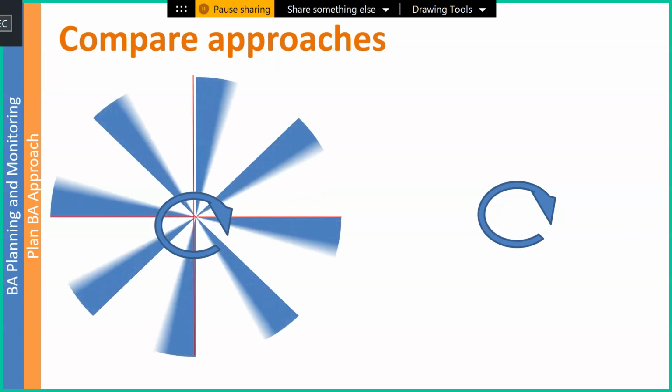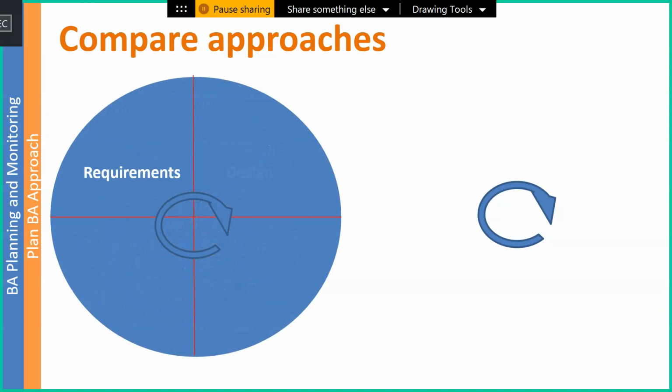So if we look at these two different approaches, this on the left is predictive, where I do all of my requirements up front, and then I design my solution, and then I build the solution, and then I test the solution, and then I repeat it. I just focus, I get all of them up front.